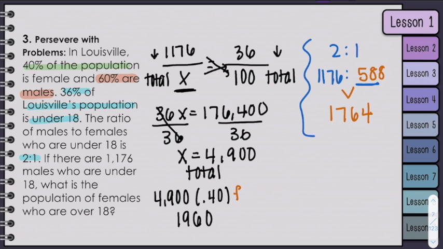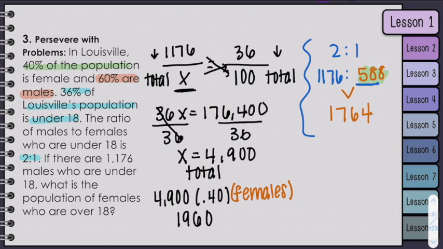So remember, these are females in total in Louisville. And then now you know how many females are under 18, which is this number right here. You're going to use that to figure out how many females are over 18.